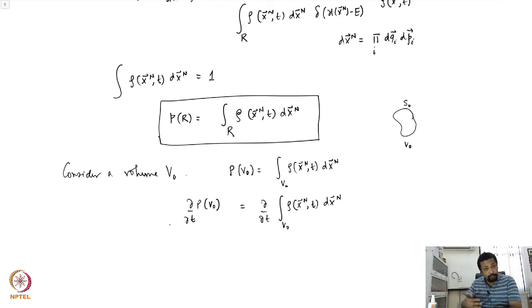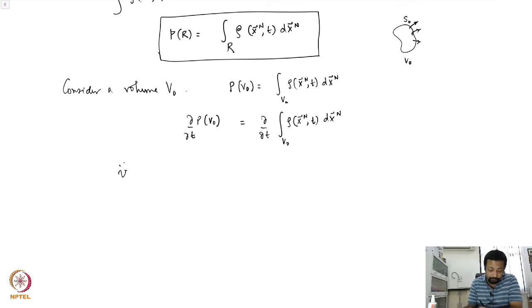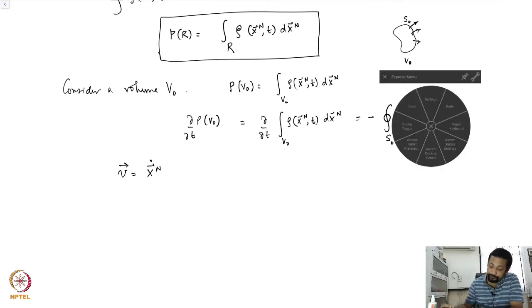This rate of change of probability will be entirely due to the probability which is flowing out, right? If you denote v, which is essentially xn dot, as the velocity of the state points, then just as you have probably done in fluid mechanics, if you have not done, then this is how you do it. Then this is an integral over the surface of rho of xn comma t times xn dot.